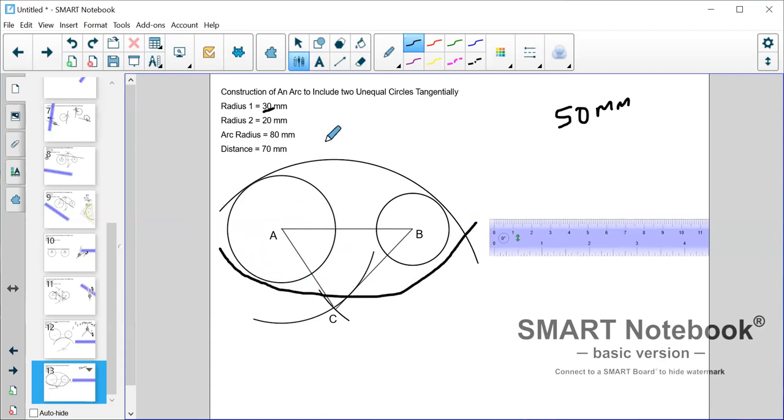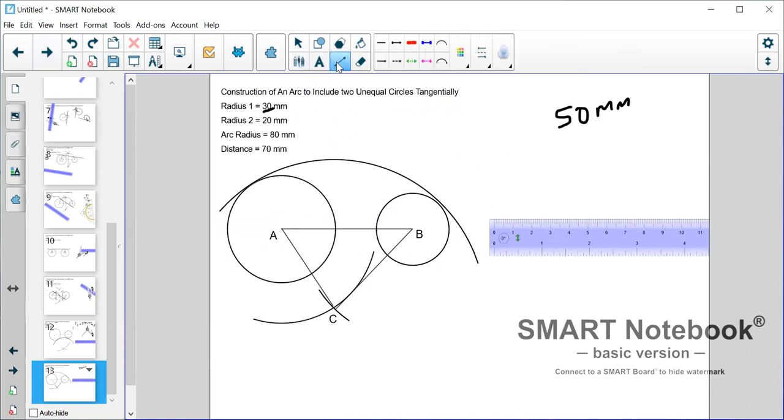So whatever you do at the bottom, you have to do on top. Right, so basically that's the only difference that you might come across for this particular construction. All right, so just remember for this one, you have to subtract, right? You're subtracting R1 from the arc radius, then R2 from the arc radius.